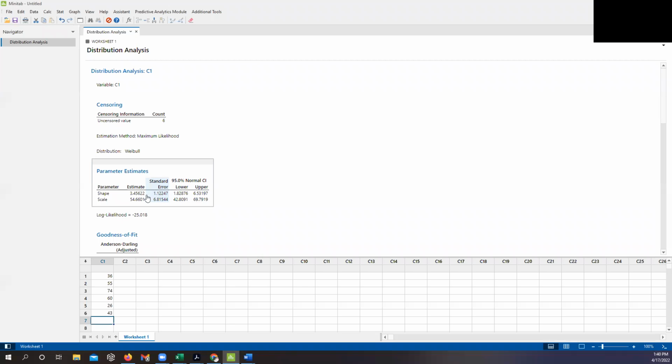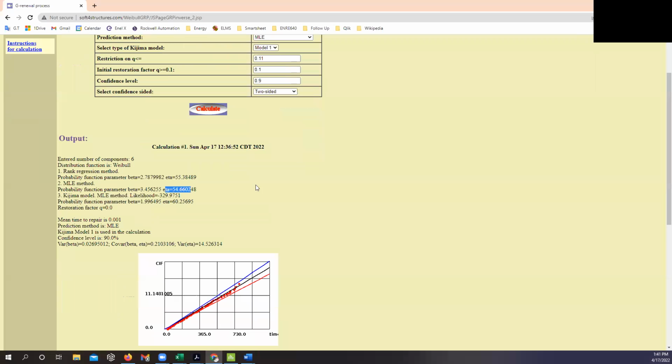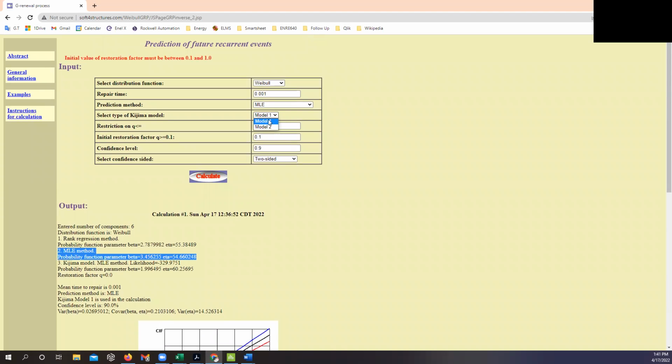That is exactly what I get from Minitab. So that tells me that this second line here has the parameters of the underlying distribution for the time to first failure only. Okay, this is something I wanted to share with you. Now let's look at model 1 and model 2.